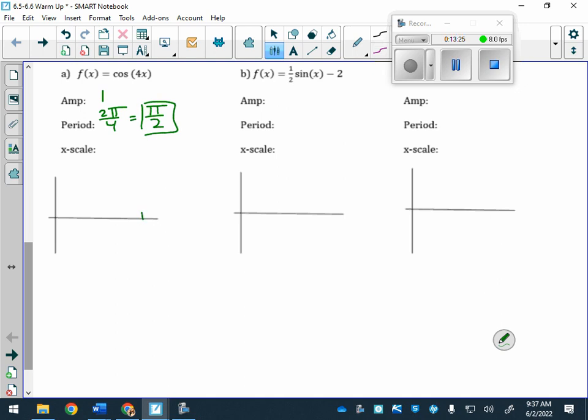So I know I am ending at pi over 2. My amplitude is 1, negative 1. What is my x scale? Pi over 8, because it's pi over 2 divided by 4. So it's pi over 8. What comes after pi over 8? Pi over 4. Then what?